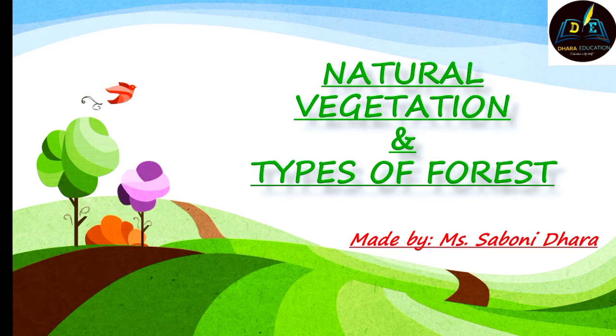So today we are going to start with natural vegetation. Natural vegetation means what? Nature is known as natural. The things which come from nature are called natural. So let's begin.